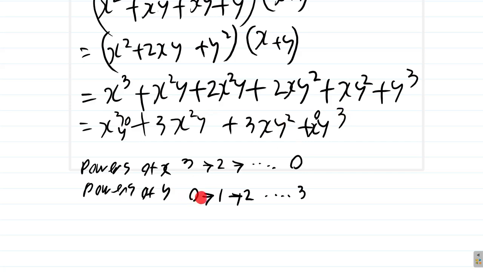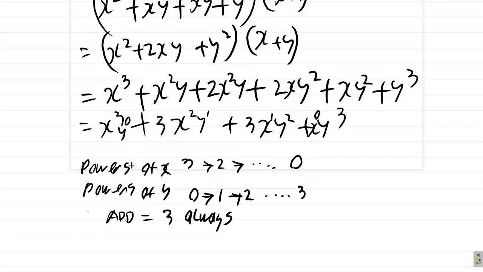The powers of y rise. Note also the powers of x and y add up to 3. Always, they keep adding up to 3. 3 plus 0 is 3, 2 and 1 is 3, 1 and 2 is 3, 0 and 3 is 3.